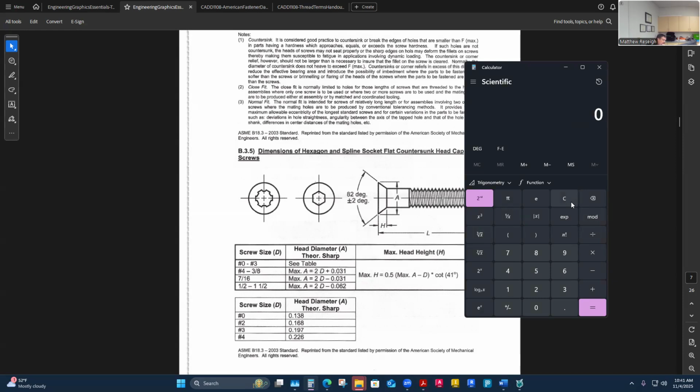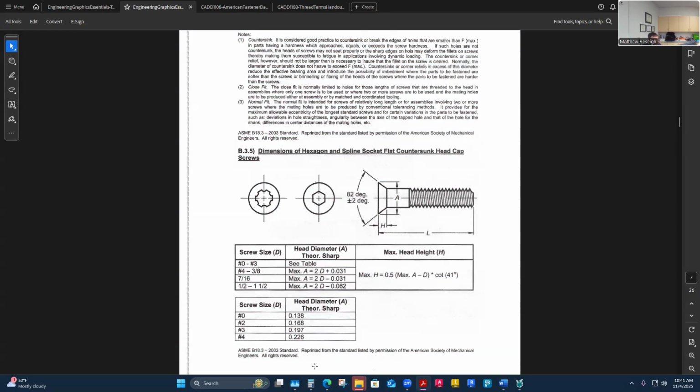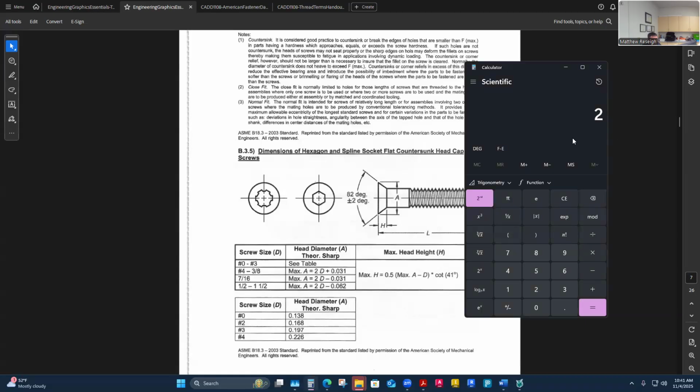Back to my calculator. 2 times 0.25, and then I've got to add a little fudge factor, 0.031.